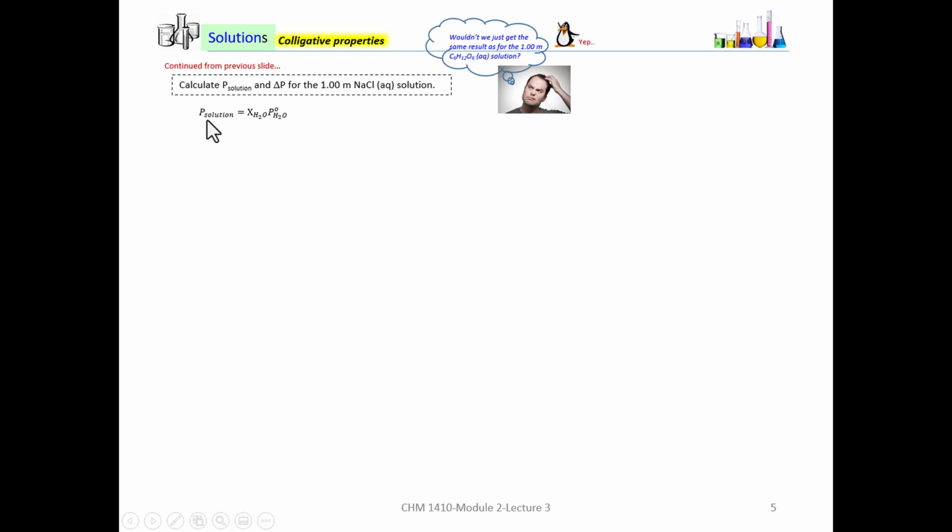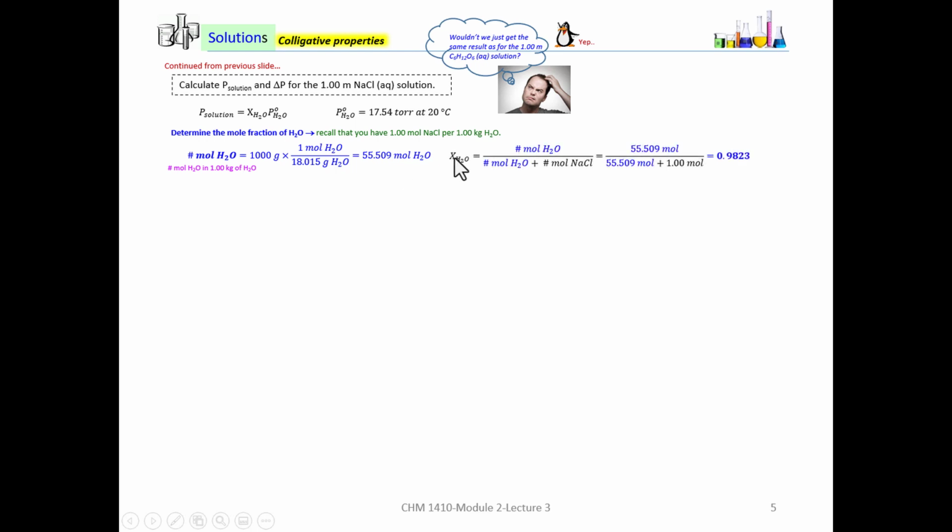Raoult's law is written here. Vapor pressure of water over the solution would be the mole fraction of water in the solution times the vapor pressure of pure water. We know the vapor pressure of pure water. Let's determine the mole fraction of water. In this solution, we have 1 mole of sodium chloride per 1,000 grams, 1 kilogram of water. If we convert the 1 kilogram of water to moles, we get a very familiar looking answer.